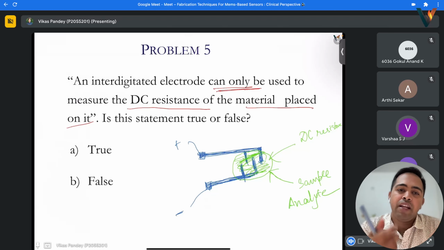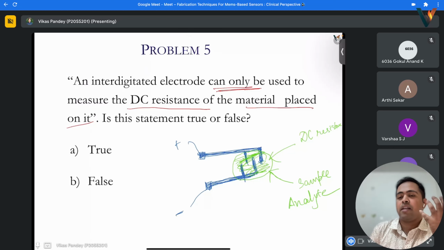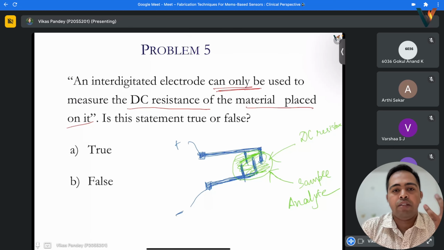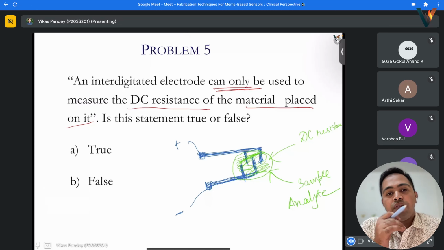If we put an AC voltage across it, what will happen? Like in case of DC voltage, we have potential and the current. Similarly, for AC, we have potential and current. It's fine. But in that case, instead of resistance, we have impedance. Am I right?